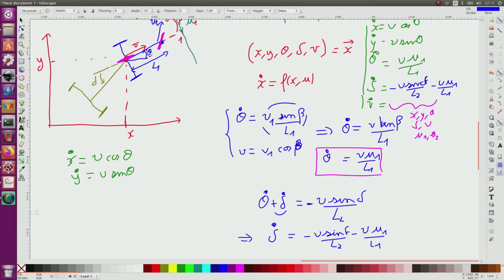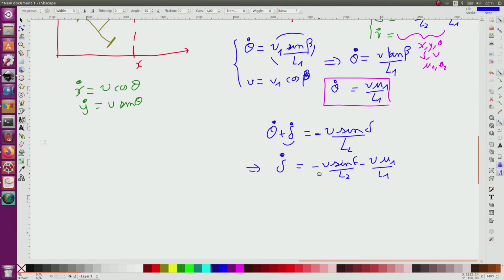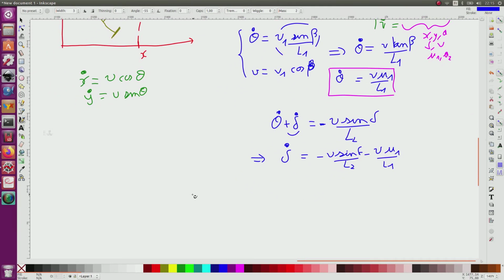And V dot, which corresponds to an acceleration, will be due to the torque U2, which is given here. So for this, I will apply the theorem of kinetic energy, which tells us that the temporal derivative of the kinetic energy is equal to the sum of the powers brought into the system.